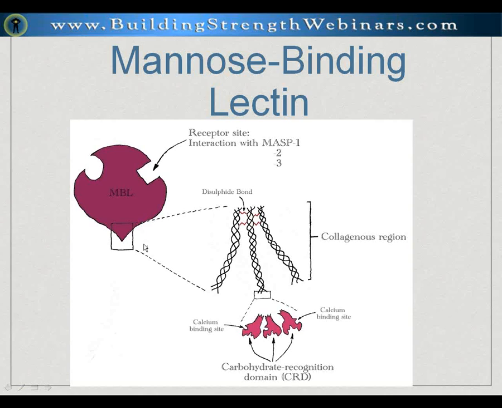Then in this area of the mannose-binding protein, we have the collagen region, and then the actual carbohydrate recognition sites. And they also have a calcium binding site.